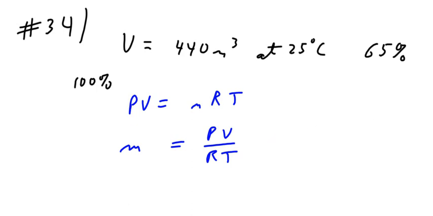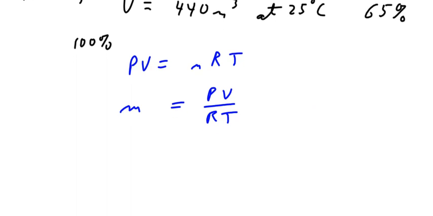And I think we know everything in there, don't we? So we know the pressure, 1 atmosphere. Do we know that? Yeah, well, it doesn't say it's 1 atmosphere, but we'll use that anyway.